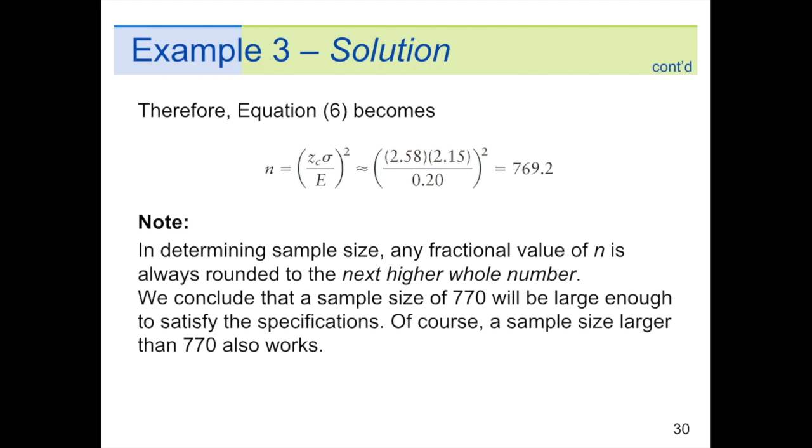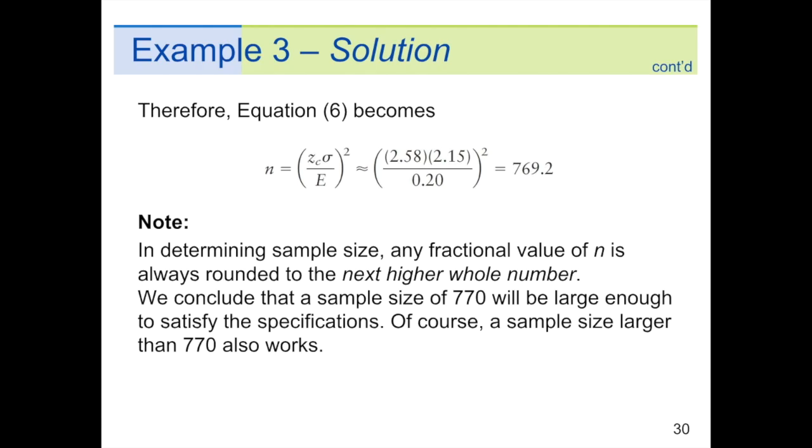Note, in determining sample size, any fractional value of n is always rounded to the next higher whole number. We conclude that the sample size of 770 would be large enough to satisfy the specifications. Of course, a sample size larger than 770 also works.